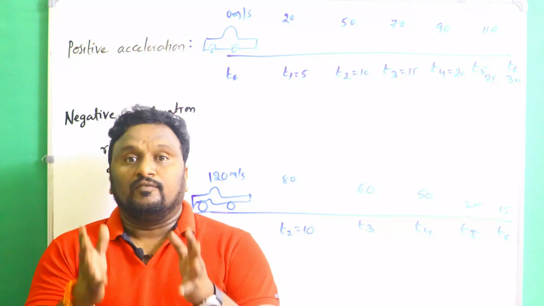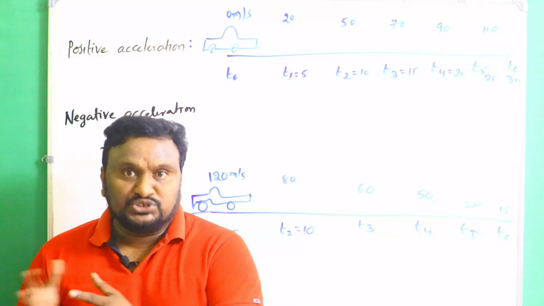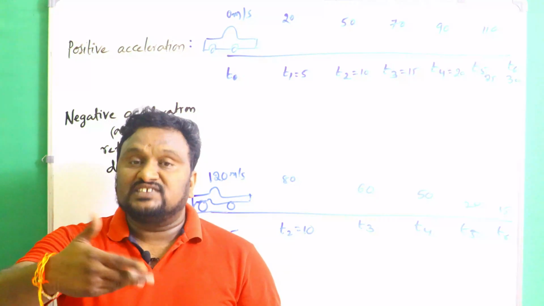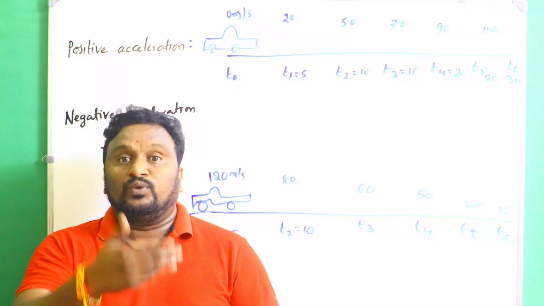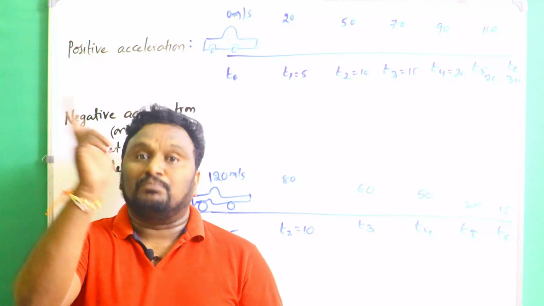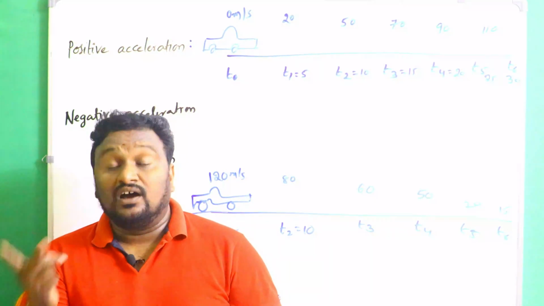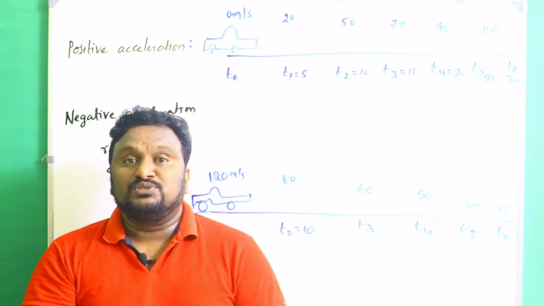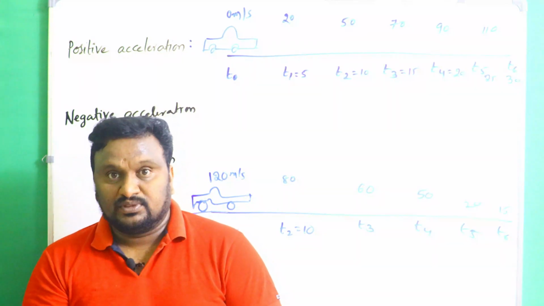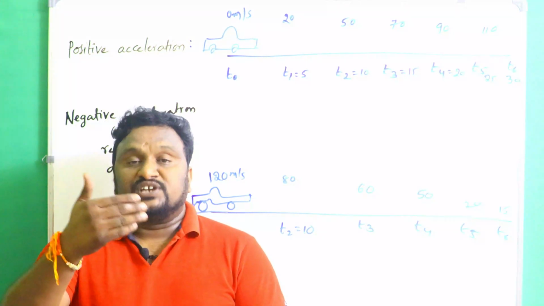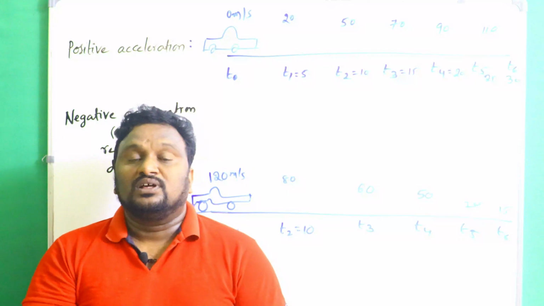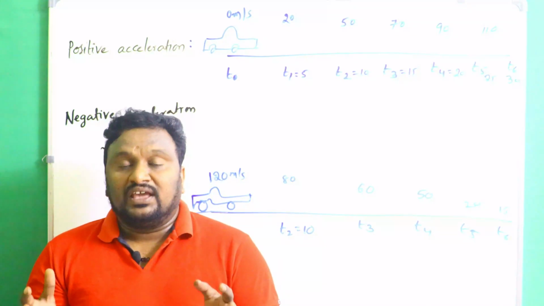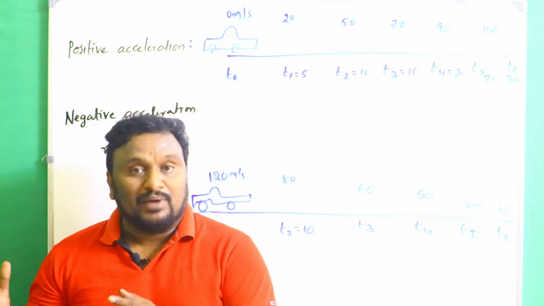That's why, when a body is in motion, if the velocity changes with respect to time, whether in magnitude or direction or both, then the body is said to have acceleration. Clear? What is non-uniform acceleration?